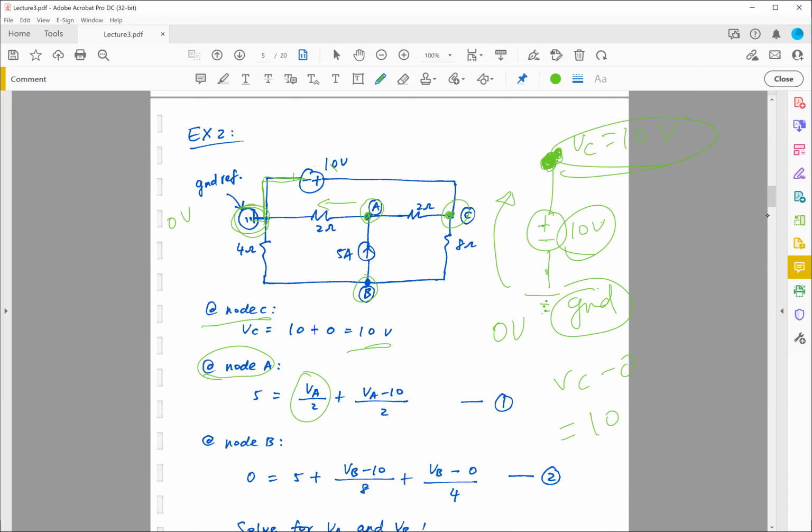Well, now we say VC is equal to 10 volts, we calculated it over here. So VA minus 10 divided by 2, that is the current flowing to the right, again assuming the current is leaving the node, going from left to right.